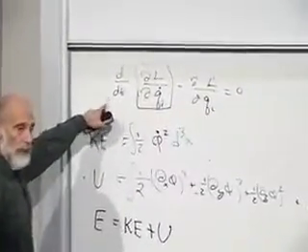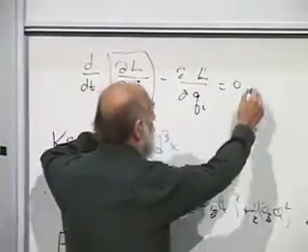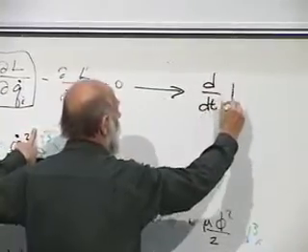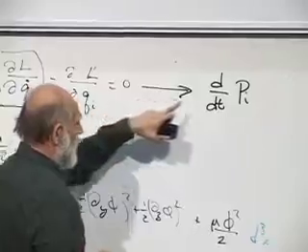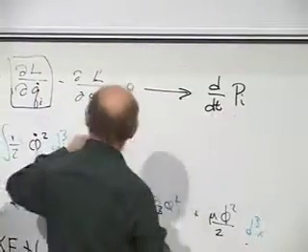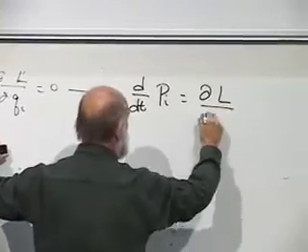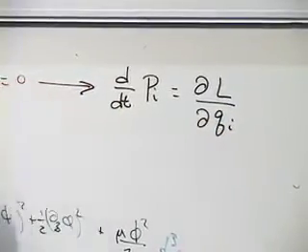Lagrange's equation, or the Euler-Lagrange equation, can also be written in another form. They can be written in the form d by dt of p sub i, the time derivative of the ith canonical momentum, is equal to the derivative of the Lagrangian with respect to q sub i. For each i.